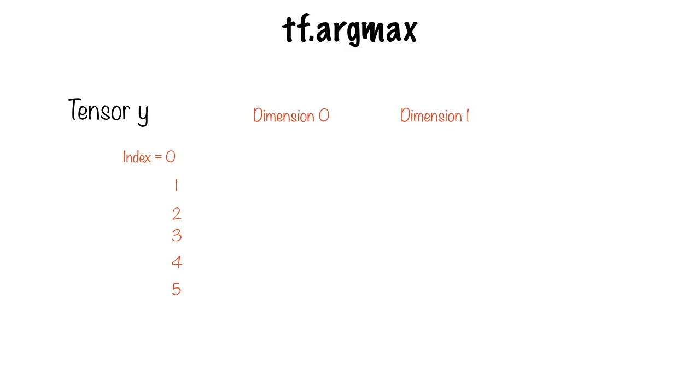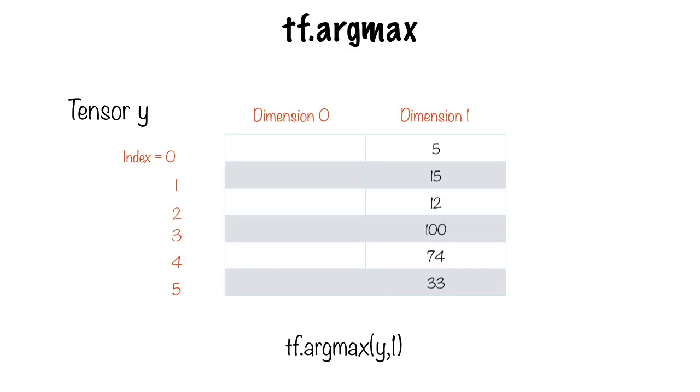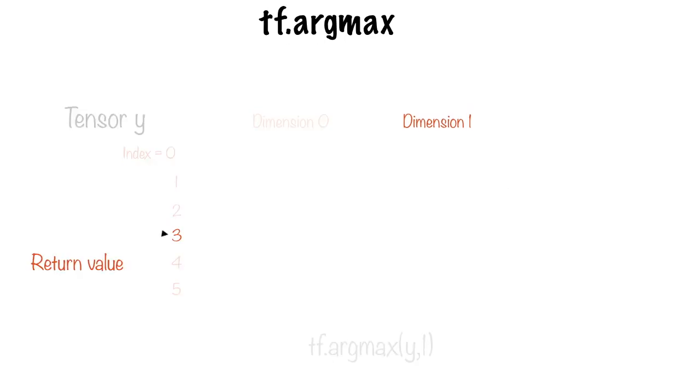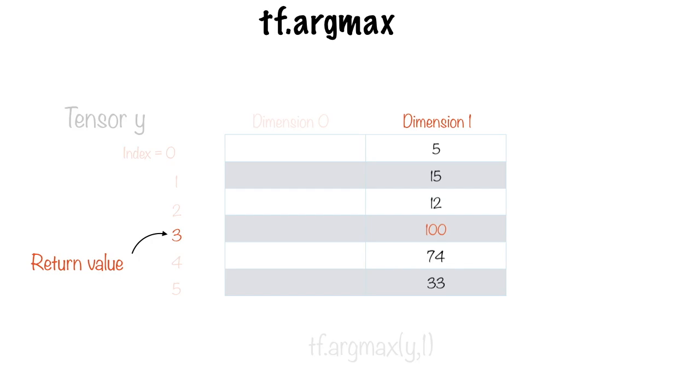Let's say that we use tf.argmax on a two-dimensional tensor. This is a tensor y. It has elements along dimension 0 and dimension 1. The indices, of course, of those elements arranged from 0 through 5. Invoking tf.argmax on this tensor along the first dimension will return the value 3, and that is because 3 is the index of the largest element along dimension 1.